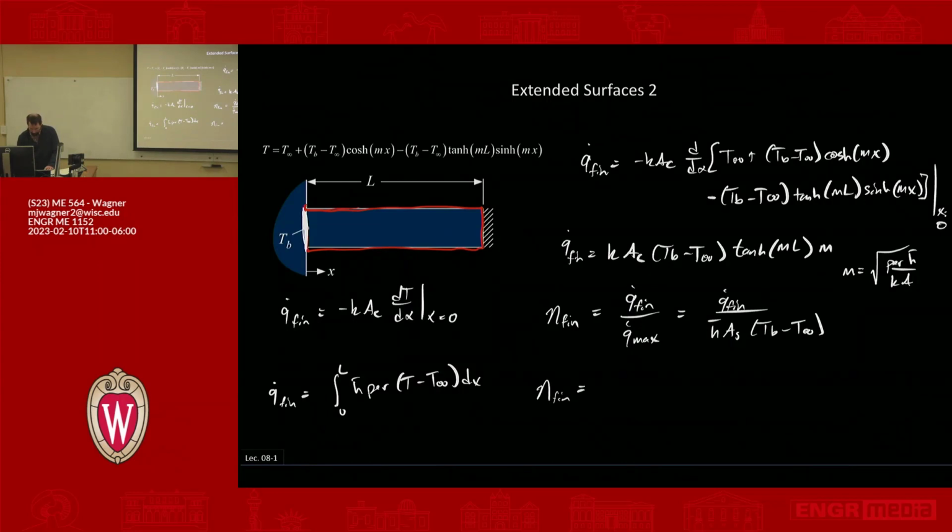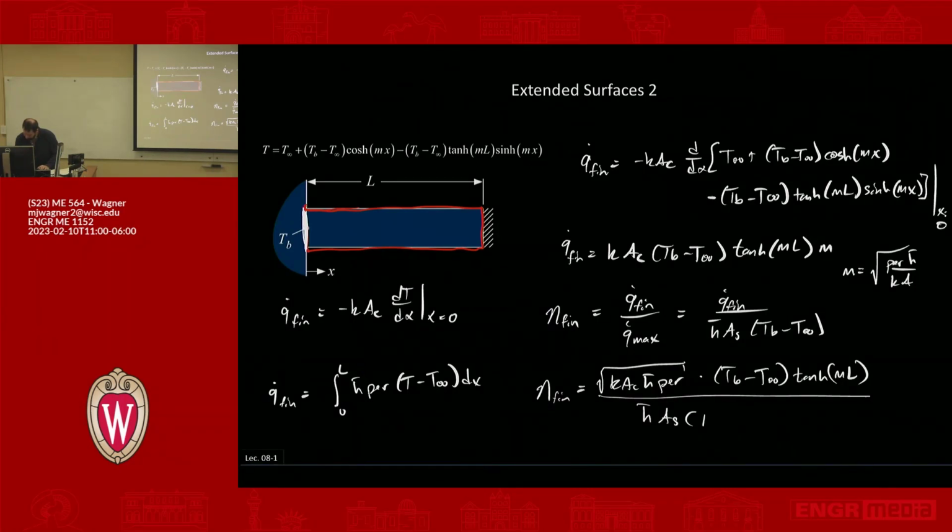So we end up with square root of k AC h bar perimeter times TB minus T infinity times tanh of ML. Right, that is the exact same equation as above, just integrating the m part in. And then divide this by our maximum, h bar AS TB minus T infinity.